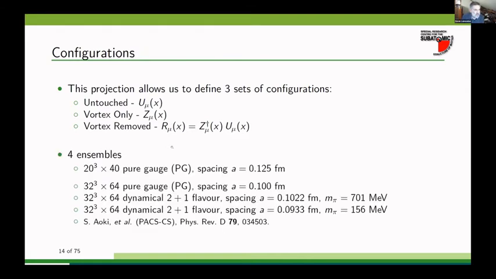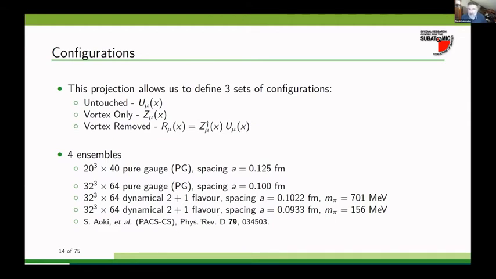In doing this, I'm going to be showing you 4 ensembles. The early things that I show you will be just a 20 cube by 40 pure gauge lattice. I've got used to looking at these things now, and these look pretty simple to me. But I'm also going to show you some 32 cube by 64 lattices, drawing on the dynamical fermion work from the PACS-CS collaboration.